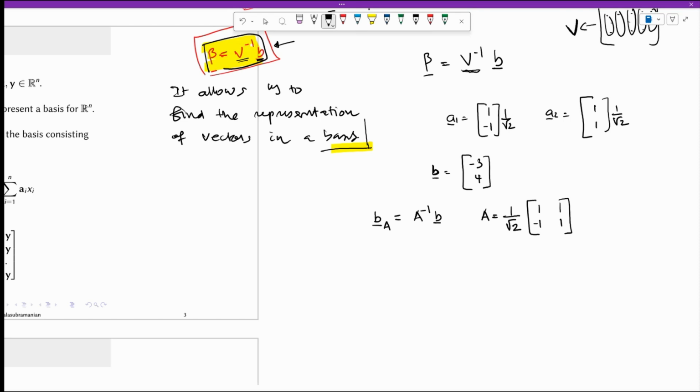Are the lengths one? Are they orthogonal to each other? Yes or no? They're not. What condition do they fail? Length is not one. Did you compute it?